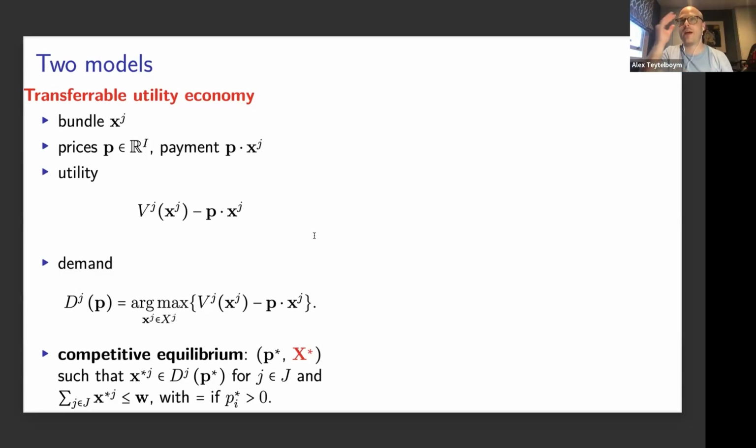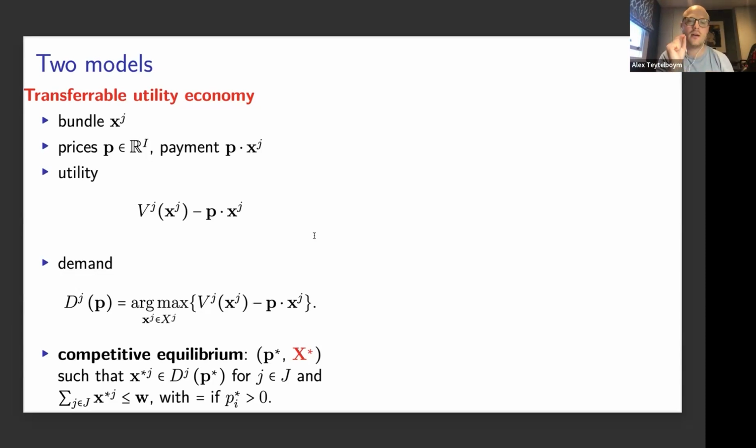And what is a competitive equilibrium? We've defined it twice already, but it never hurts to define it one more time. It's an assignment setting, so there's a tiny little tweak at the end. It's a vector of prices and a profile of bundles, one for each agent, such that each agent is allocated a utility maximizing bundle, and the allocation is feasible.